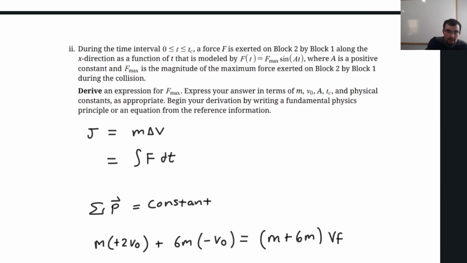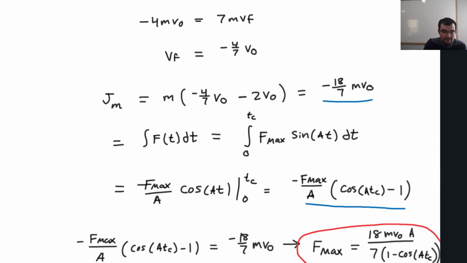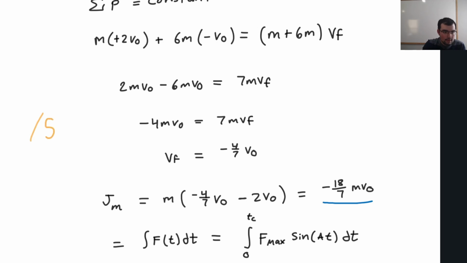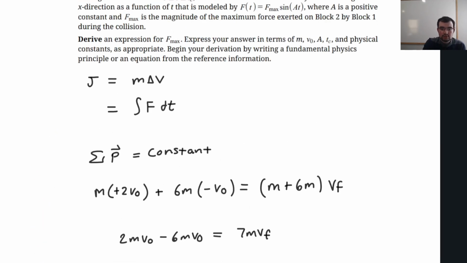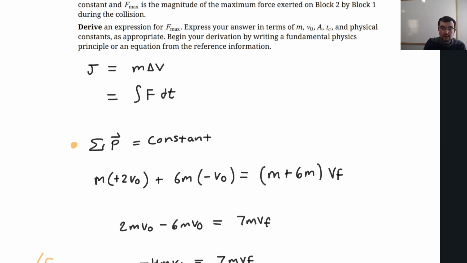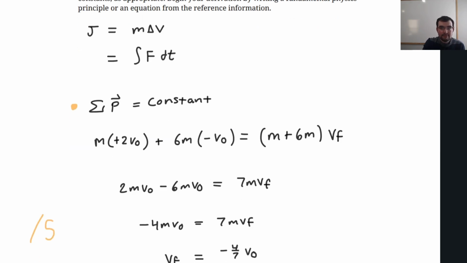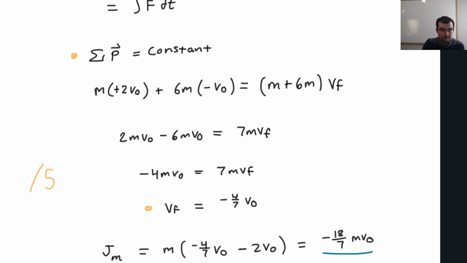All right, now for the derivation, it's out of 5. So you get 1 point for starting from conservation of momentum or the impulse momentum theorem. So let's put that maybe right here. You would definitely get a point for finding the final velocity of the block.